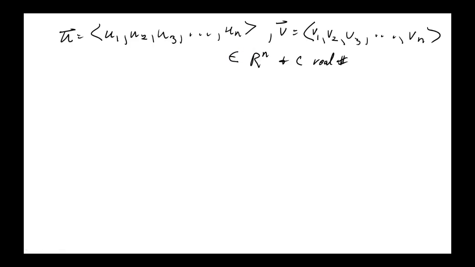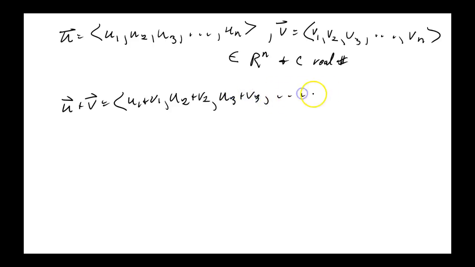Then the sum of u and v is defined to be just like we defined it before: u1 plus v1, u2 plus v2, u3 plus v3, dot, dot, dot, all the way up to un plus vn. That's how we add the vectors. That's our standard rule for it, the definition of vector addition.